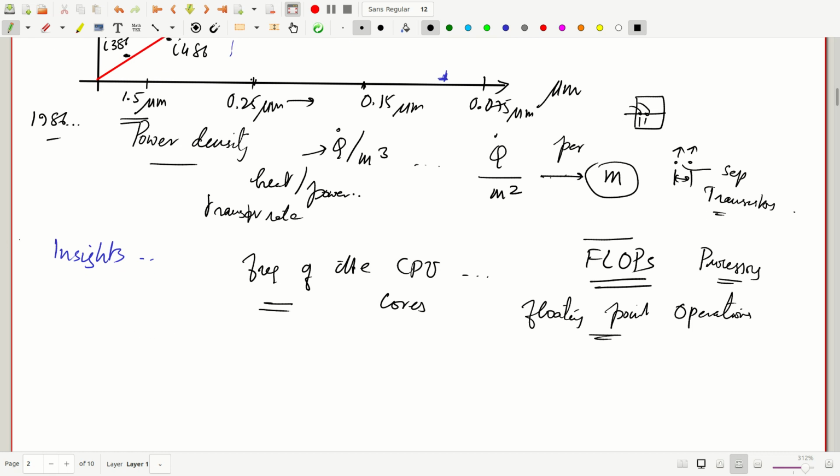Now, what does this have to do with parallel computing? We will see that soon.